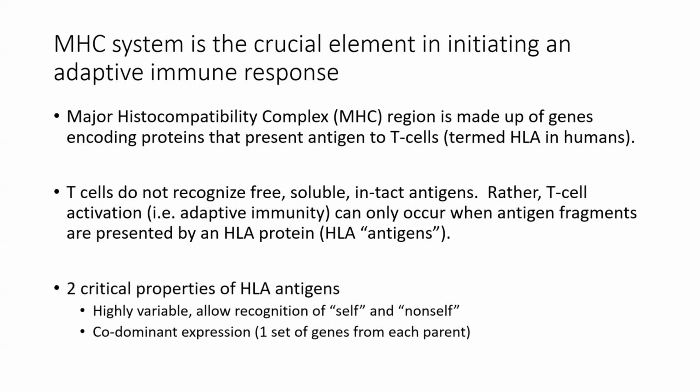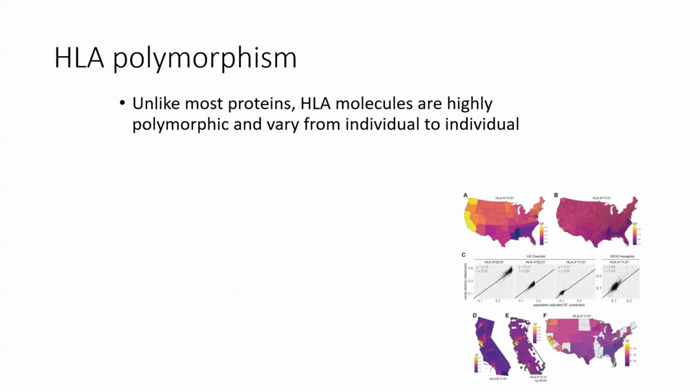There are two critical properties of HLA antigens. Number one is that they're variable and can recognize self and non-self. And then you get one set from each parent. That doesn't mean just one is expressed from mom or one from dad. They're both expressed, and so it's called codominant expression.